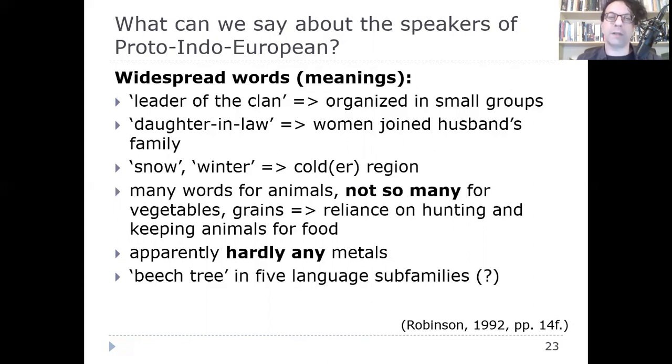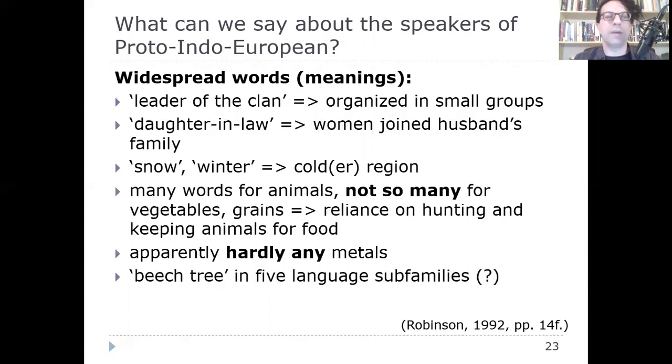So the leader of the clan is present linguistically in a lot of these languages, from which we can gather that the original speakers, the speakers of Proto-Indo-European, must have been organized in small groups with a leader.